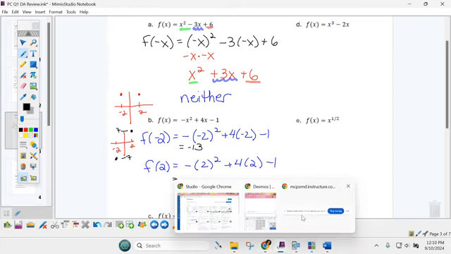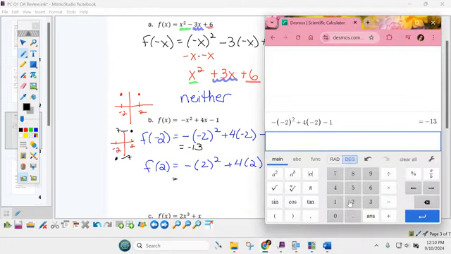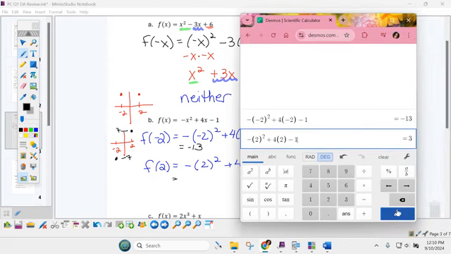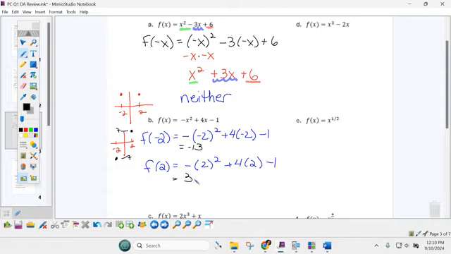Let's see what positive 2 gets us. Negative positive 2 squared plus 4 times 2 minus 1. 3. These are not the same number. They're not the same number but opposite signs. So this is neither symmetry as well.